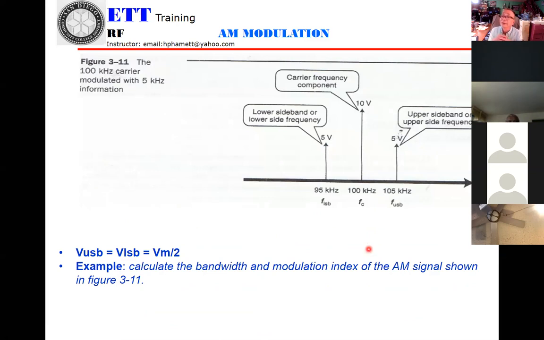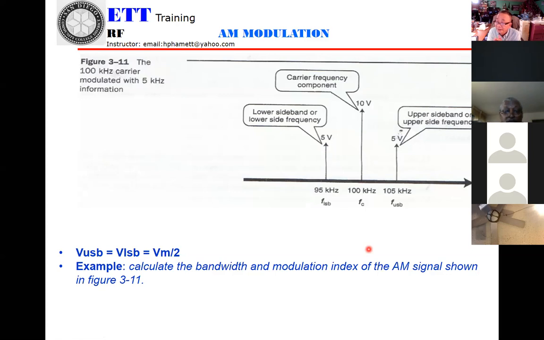Okay, let's see 3.11 here. We already know everything in here. V upper sideband equals V lower sideband equals Vm divided by 2.